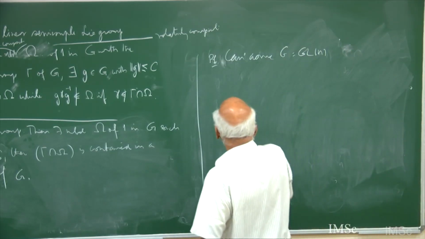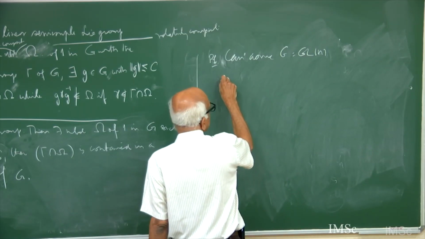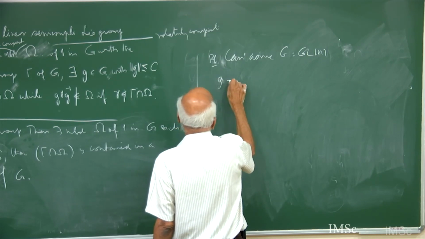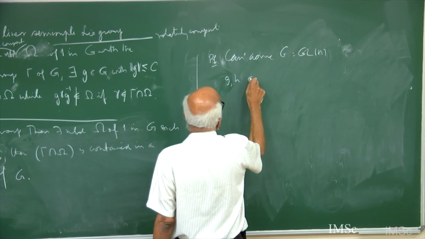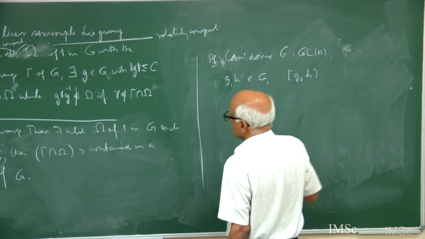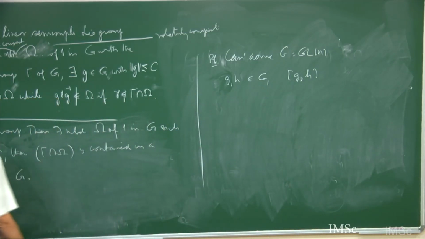Why can you assume GLN? The whole thing is we are talking about a neighborhood of the identity. G is locally isomorphic to a linear group. You can give a homomorphism of G which is an isomorphism near the identity. The image, you can take the image subgroup of GLN.